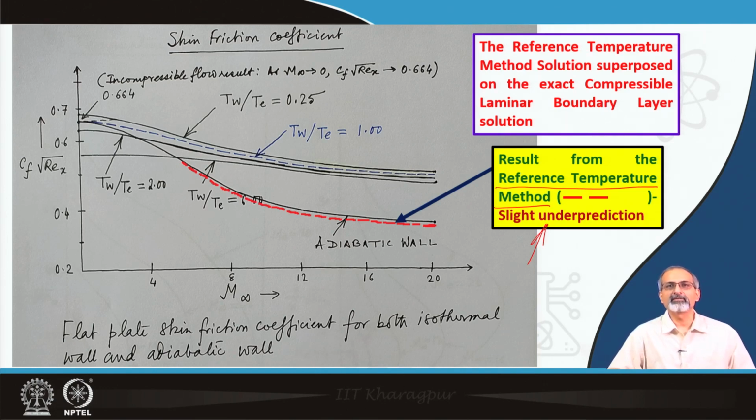You have to solve these ODEs based on the respective temperature boundary conditions through a shooting technique, and it is a time consuming exercise. Every time you change the ratio, you will have to do a fresh calculation, while the reference temperature method can be solved with much less computing effort, and that is where its importance as an engineering tool is undoubted.